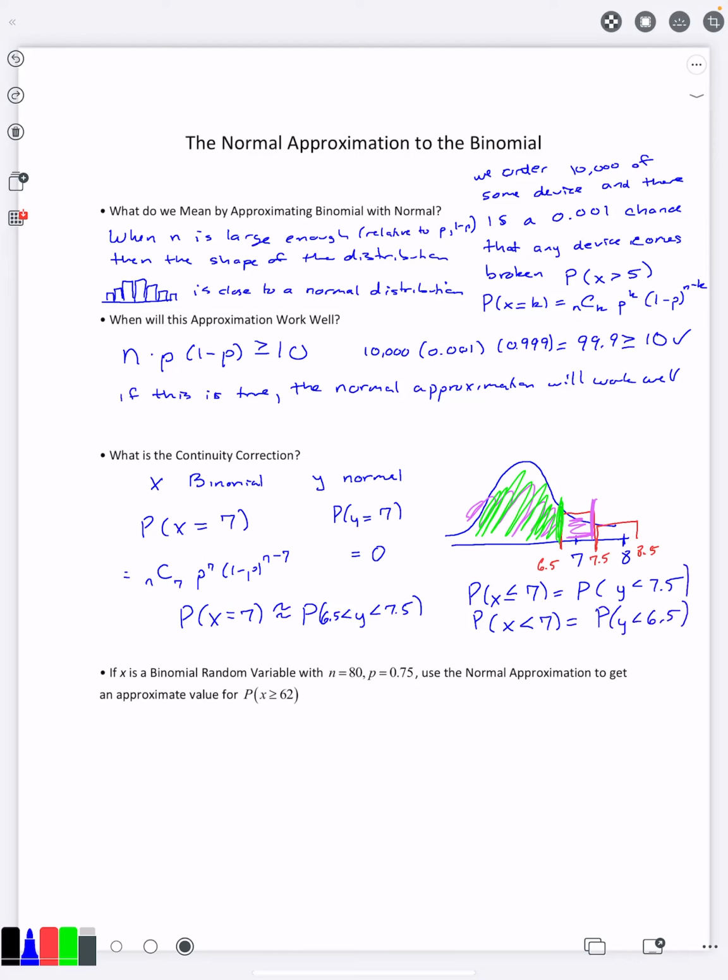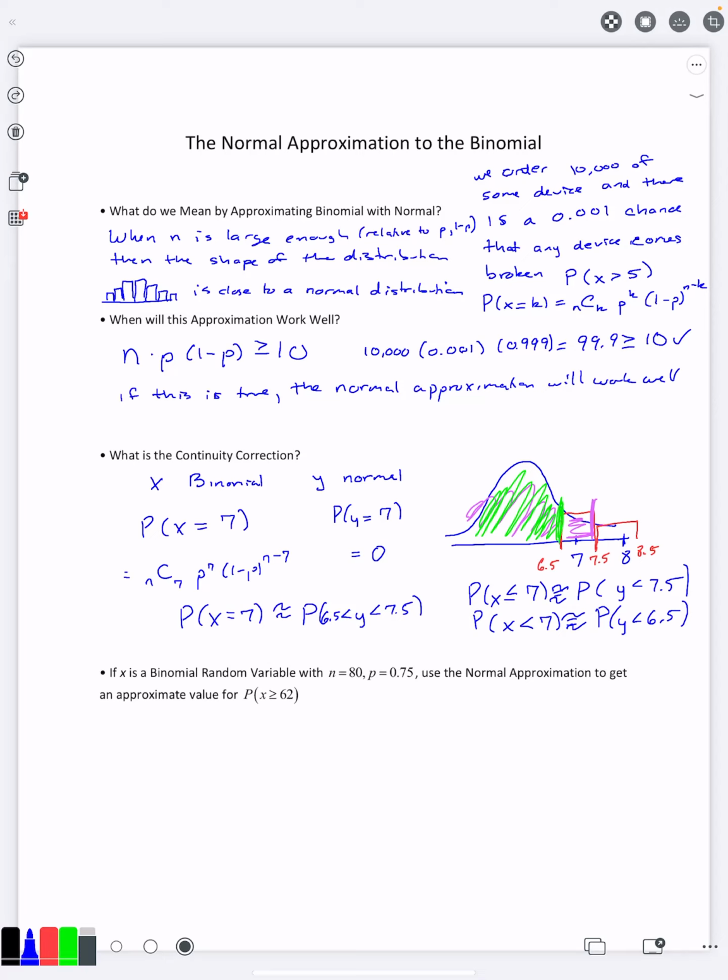Every time you're converting from binomial to normal to do the approximation, and it should really be approximately equal, not actually equal, you're either going to add or subtract 0.5, based on whether you want to include that number or not. So you have to figure out what you're looking for: less than or equal to 7, or less than 7. Do I include that number or not? If I do, then I add or subtract the 0.5.